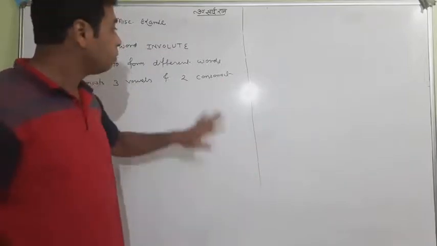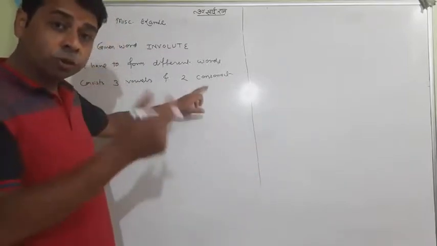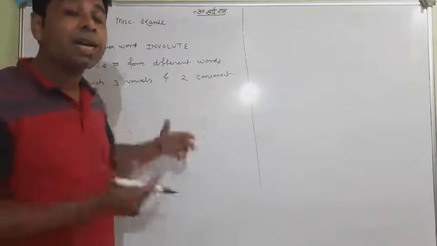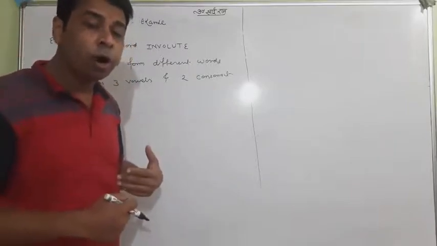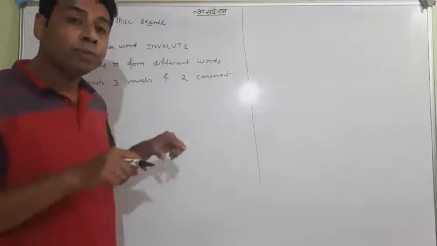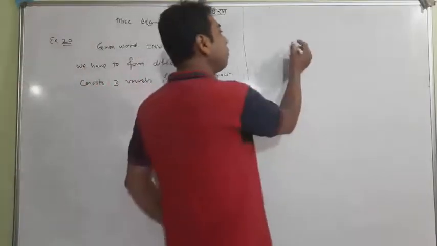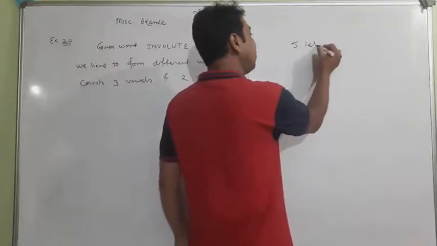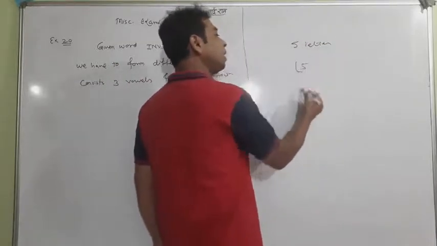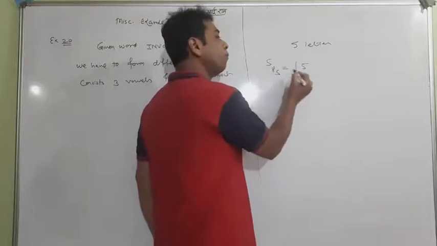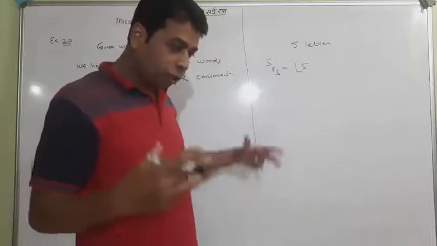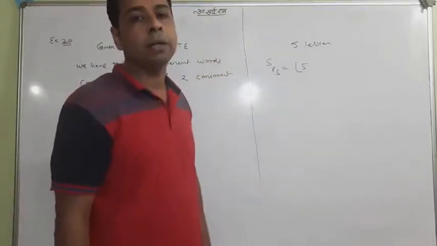From the vowels, we will choose three vowels. From the consonants, we will choose two consonants. And after choosing, meaning after combination, we will find the words, meaning five-letter words. And you know that five-letter words, how can we find them? If you have five letters, five-letter words are none other than 5P5, factorial 5. So this whole we have to combine at the last.